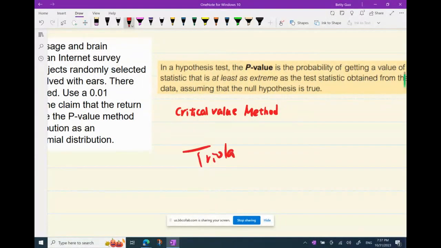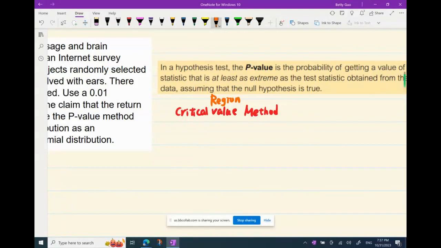Triola is the author of our textbook. The version I taught is different from our book. At that time, the method was called the critical region method, and now he changed it to the critical value method. It's the same thing. The first method is called the critical value method.